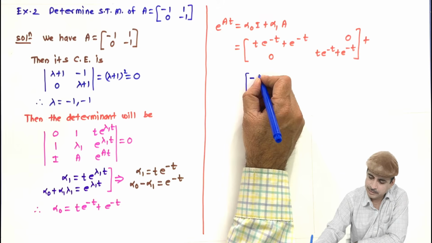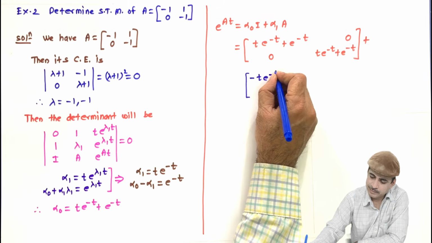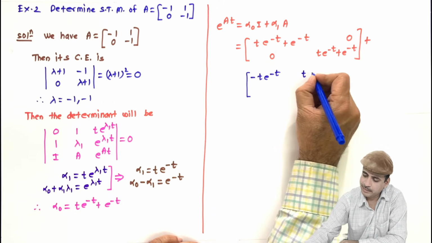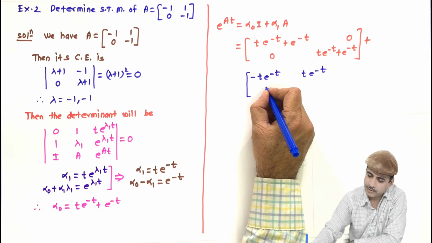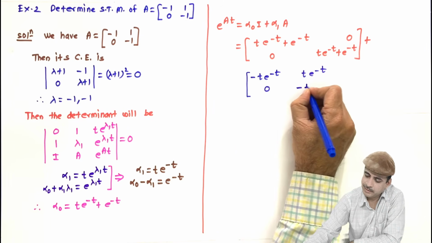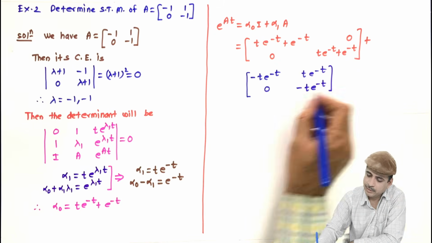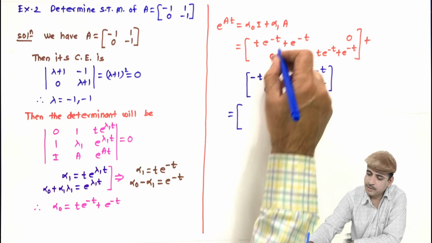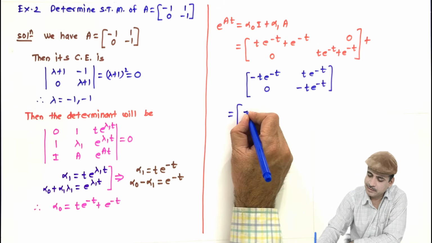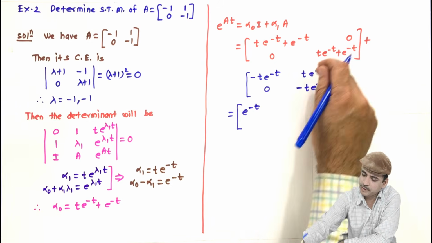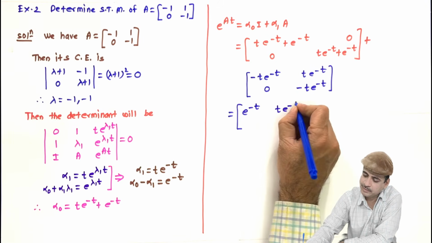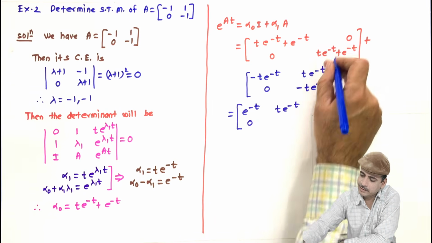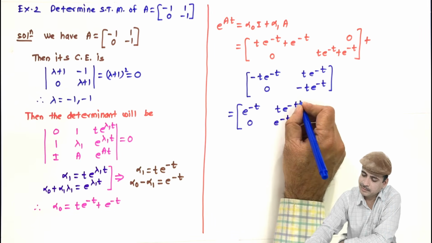So this will be minus t e raised to minus t, multiplied with 1 it will be t e raised to minus t, again multiplied with 0 it will be 0, and this will be minus t e raised to minus t, and now add the two. This term plus this term, t e raised to minus t gets cancelled, this is e raised to minus t, 0 plus t e raised to minus t is t e raised to minus t, then this will be 0 plus 0 will be 0, and here again this gets cancelled, it is e raised to minus t.